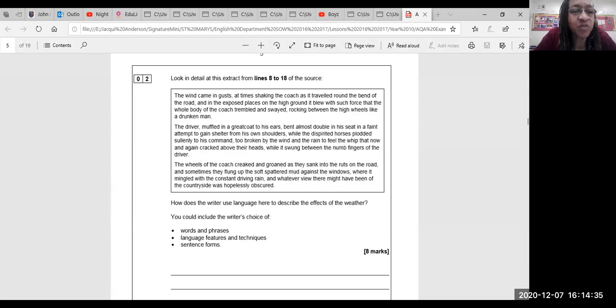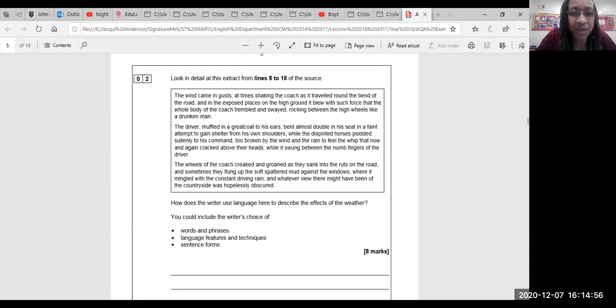Okay, remember with this question, gentlemen, if you can identify the words and phrases, if you can identify if the writer has used an adjective or an adverb or verb or a simile, whatever the language technique is, that will help you to gain more marks in the exams.